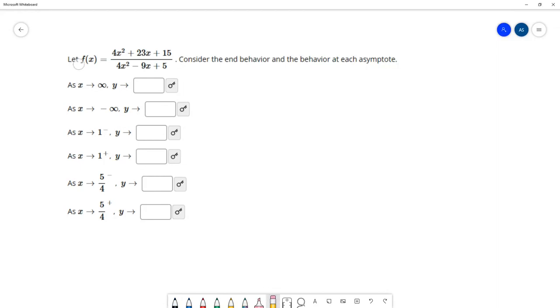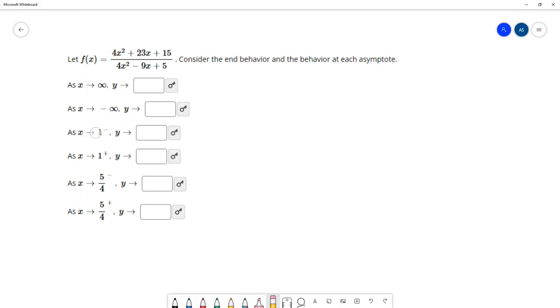Here we have a rational function, f of x equals 4x squared plus 23x plus 15 over 4x squared minus 9x plus 5. With this rational function, we want to consider the end behavior and the behavior at each asymptote. The end behavior will be when x approaches infinity and x approaches negative infinity.